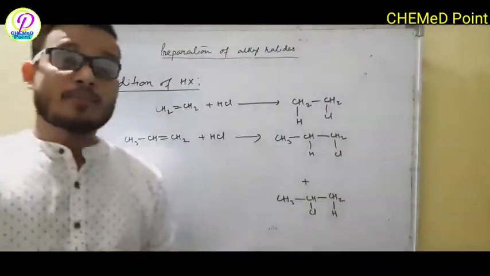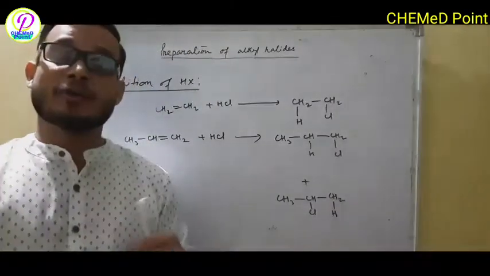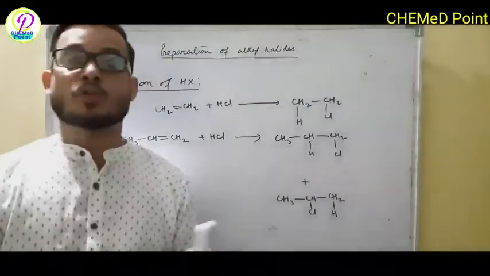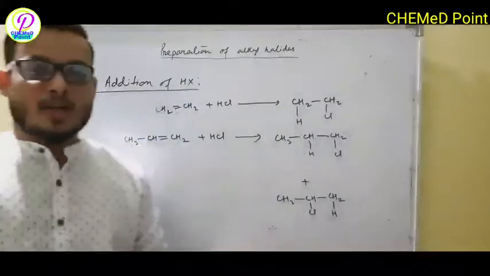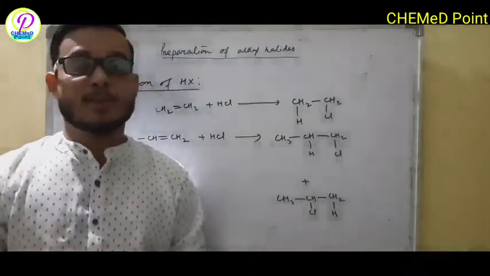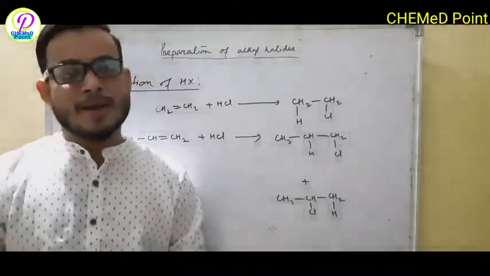So from this example we have seen addition of hydrogen halide to the unsymmetrical alkene molecule gives us two different products. Now we'll see how these two products are formed and which one is the major product and which one is the minor product.